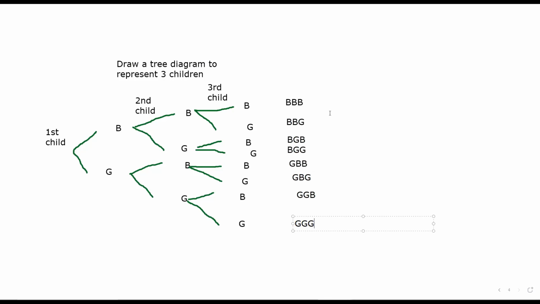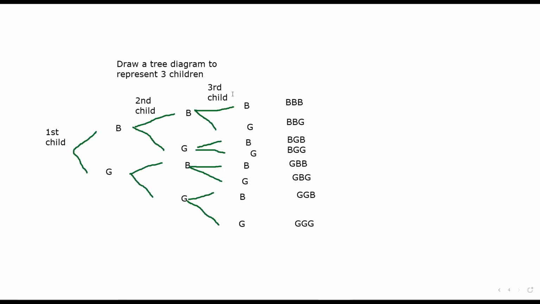Okay. There are a total of 8: 1, 2, 3, 4, 5, 6, 7, 8. All of these outcomes, we're assuming that they're all equally likely. So we're taking some liberties, we're taking some assumptions here, but we're assuming for the sake of example that they're all equally likely.